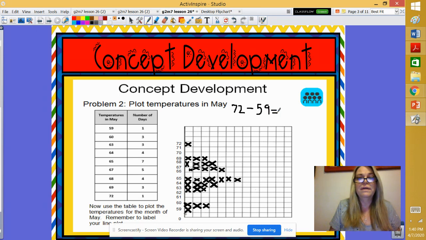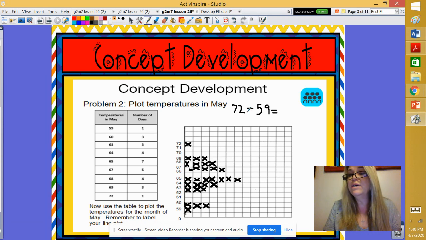Equals what? You can use any of the strategies we've worked on. I'm going to leave that to you to solve. But we created a number sentence to solve that problem based on our line plot chart. These are the types of things that we can use these line plots for, to answer questions about the data.